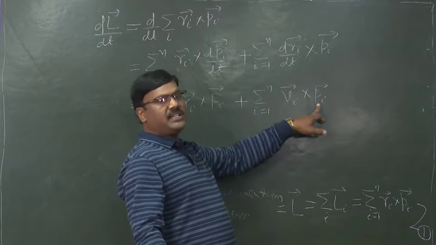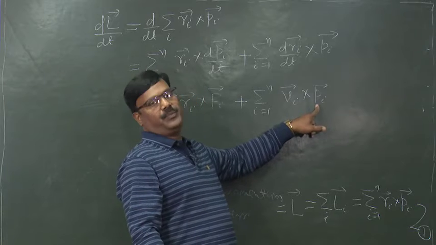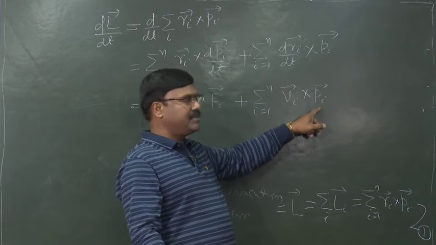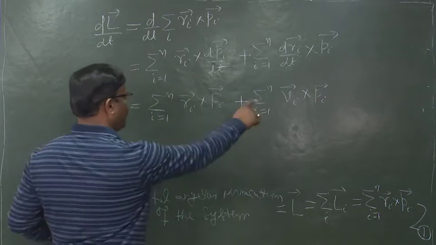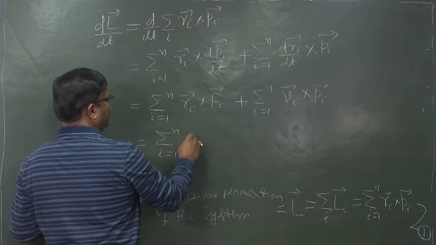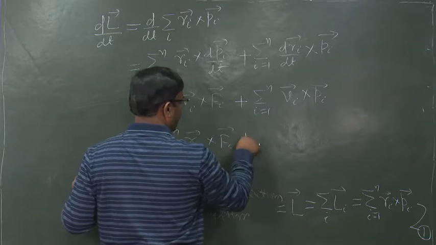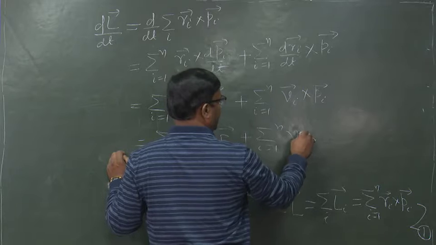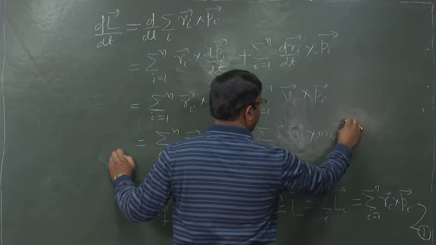But the momentum of the ith particle is equal to the product of its mass and its velocity. So, this can be written as the sum of Ri cross Fi plus the sum over i equal to 1 to n of Vi cross Mi Vi.